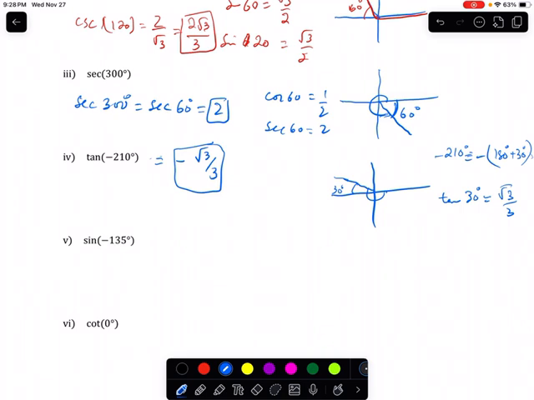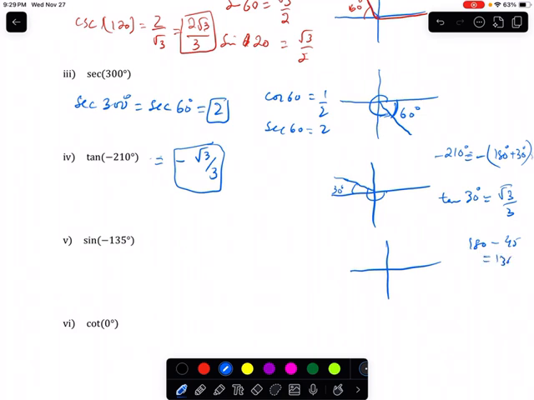Now sine of negative 135. 135 is, again, if you look at 180 and subtract 45, we get 135.